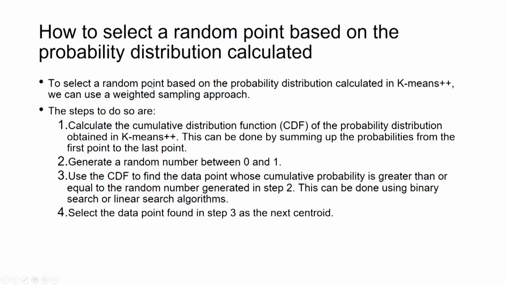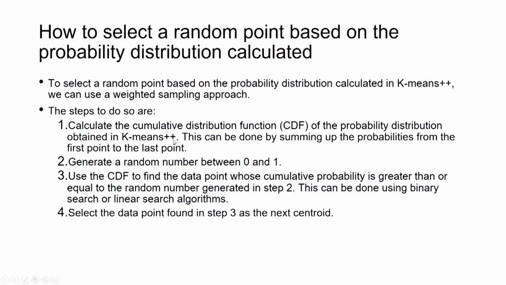To select a random point based on the probability distribution, we generally use a weighted sampling approach. What are the steps here? We first calculate the cumulative distribution function as we have seen earlier, of the probability distribution obtained in k-means plus plus.